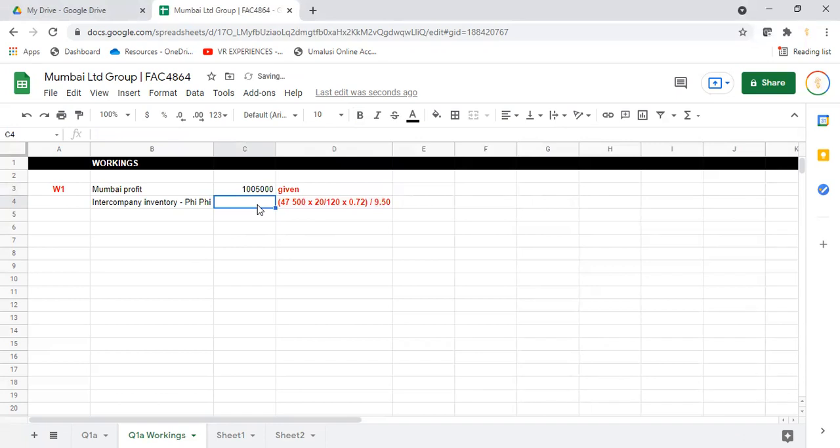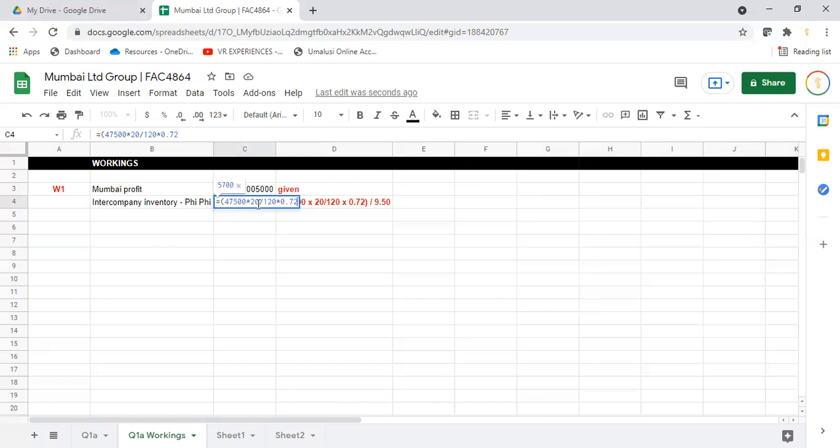So this is what I'm going to do. I'm going to say equals 47,500, the inventory. Included in inventory is unrealized profit of 20 over 120, but that gives me the figure before tax. I don't want before tax, I want after tax, so therefore it is 0.72.